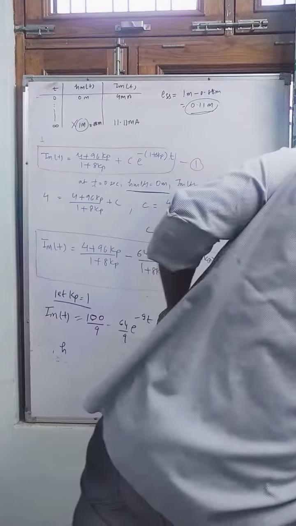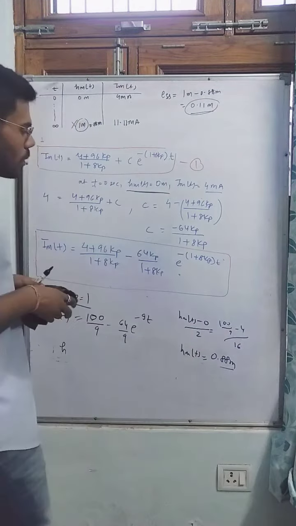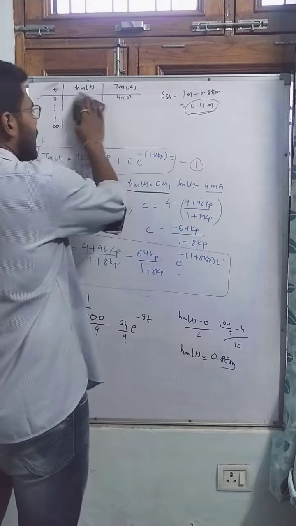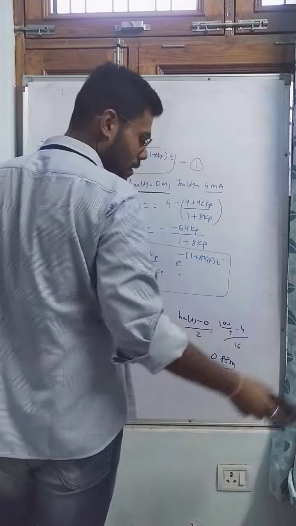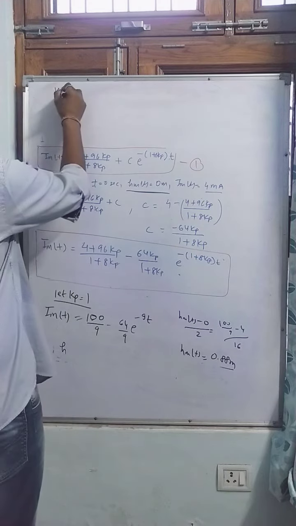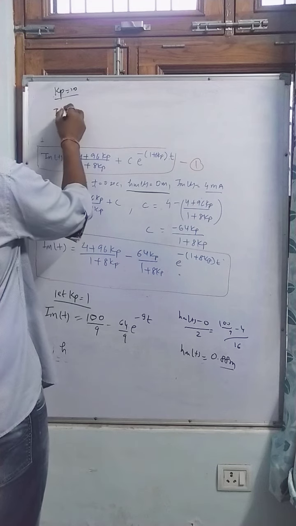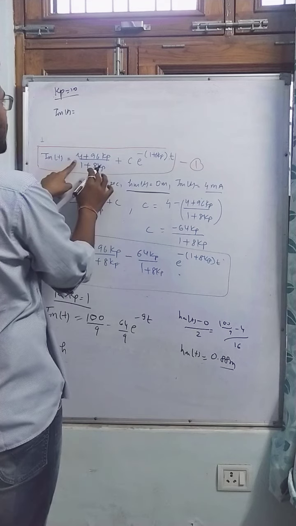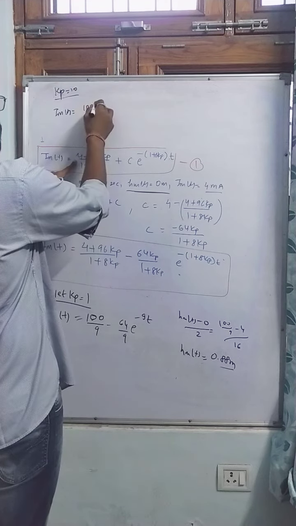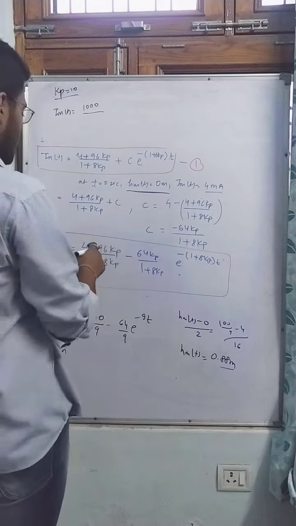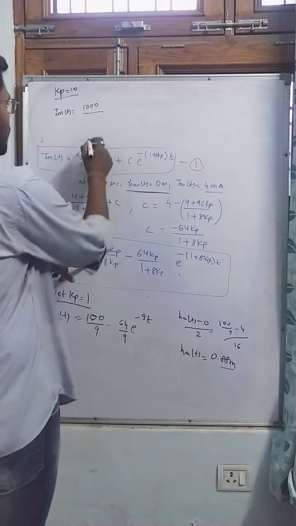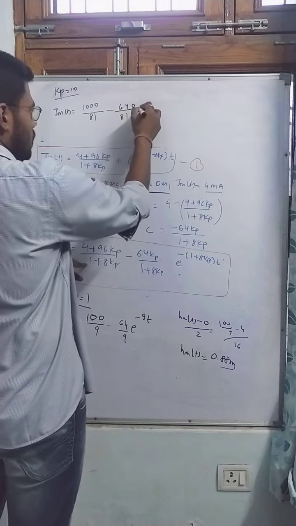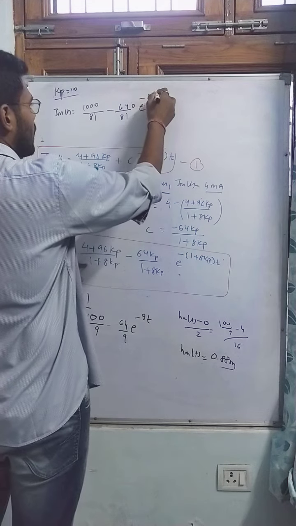Okay. So we have considered Kp equal to 1. Now do one thing. Take Kp equal to 10. So if I take Kp equal to 10, my IMT will be 960 plus 4, 1000 by 81, minus 640 by 81 e to the power minus 81t.